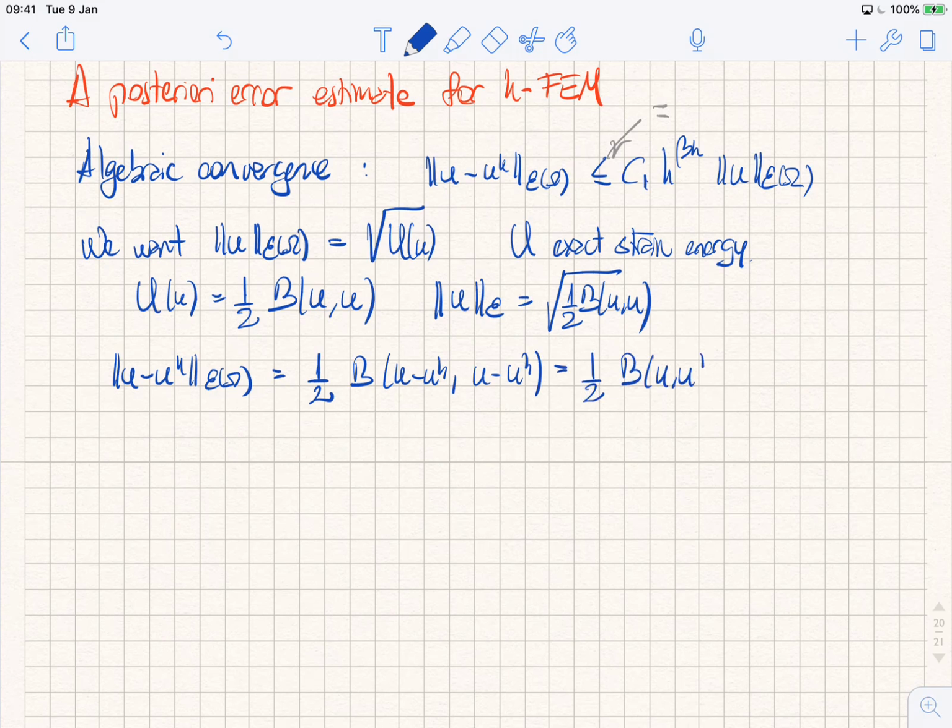If you look at the notes of the first chapter, there is a theorem that proves this. The bilinear form applied to the error is equivalent to the bilinear form applied to u minus the bilinear form applied to your approximate solution. So that has been proved already. And we can claim that all of this is our error in strain energy, which is basically U minus U_h. I hope it's clear that when I'm dealing with big U or lowercase u, I'm referring to either the strain energy or the solution.